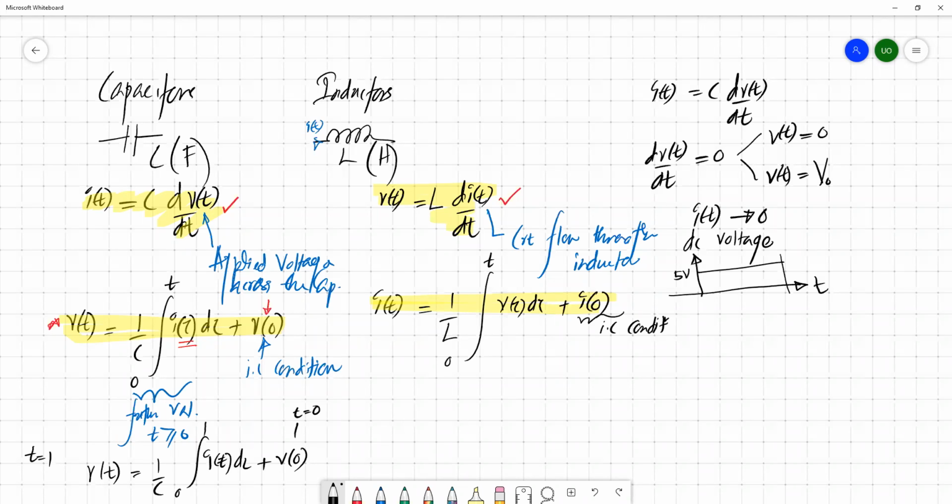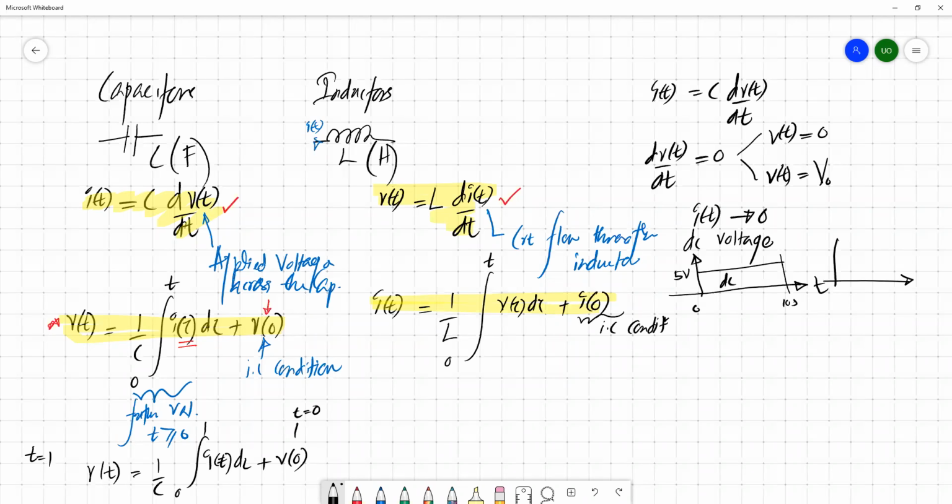For example, if it is 10 seconds, from 0 to 10 seconds, if this source applies a constant 5 volts, it can be treated as a DC voltage. So this is DC.